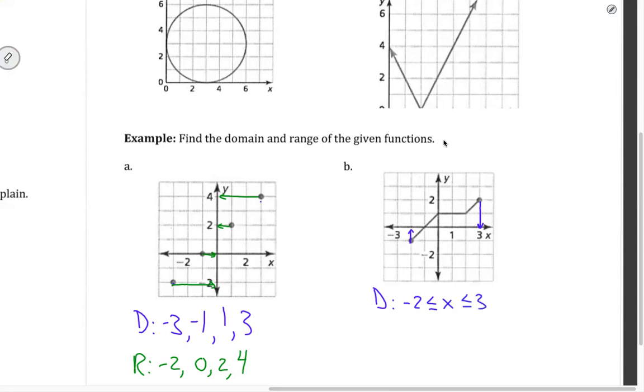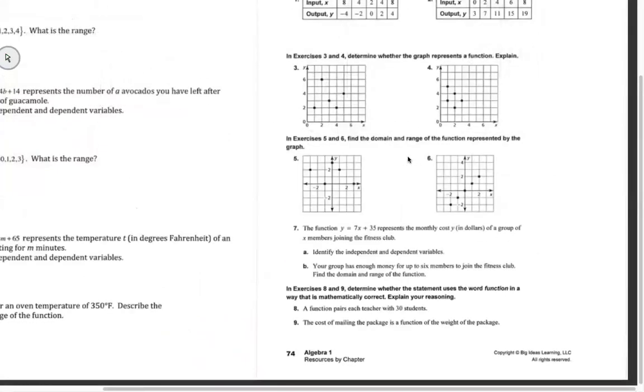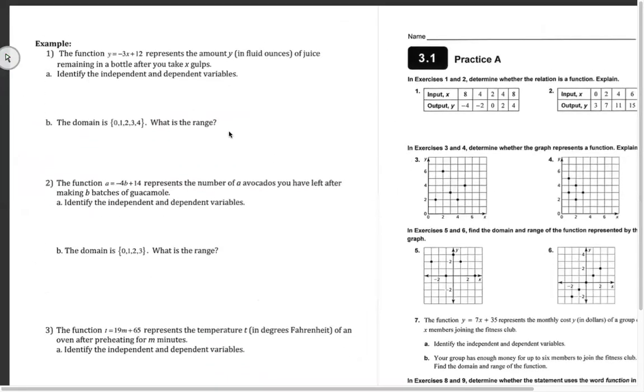And my range will be between -1 and 2. All right, and we are going to stop there, and I'm going to save these word problems for later.